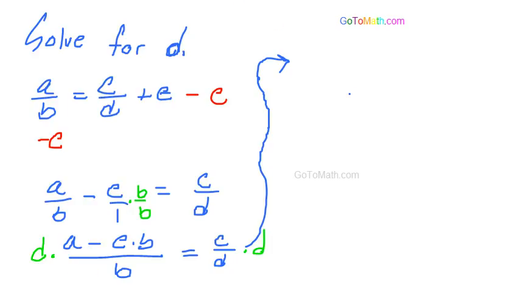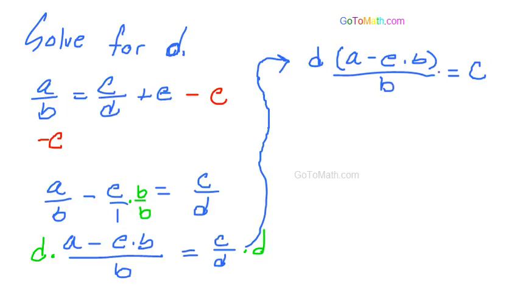And so we end up with D, I'm going to put parentheses here, A minus E times B over B. Okay. And that's going to be equal to, so those D's will cancel out, and that's equal to C. Now what I can do is take this B diagonally up.